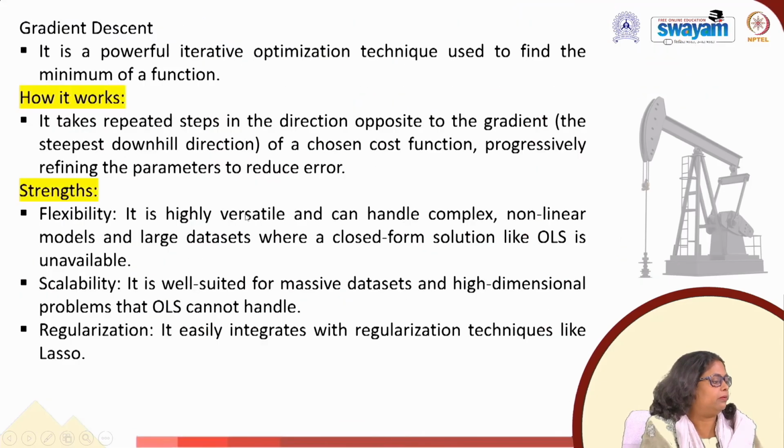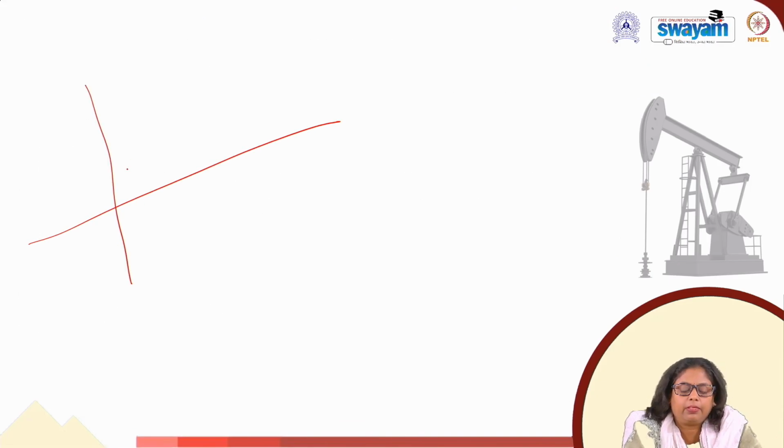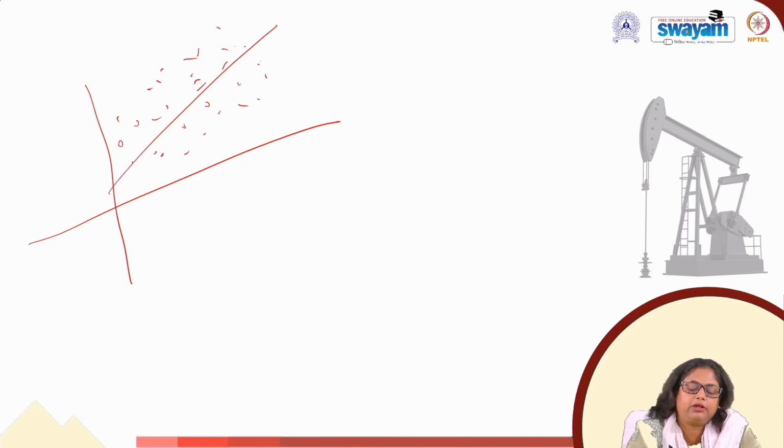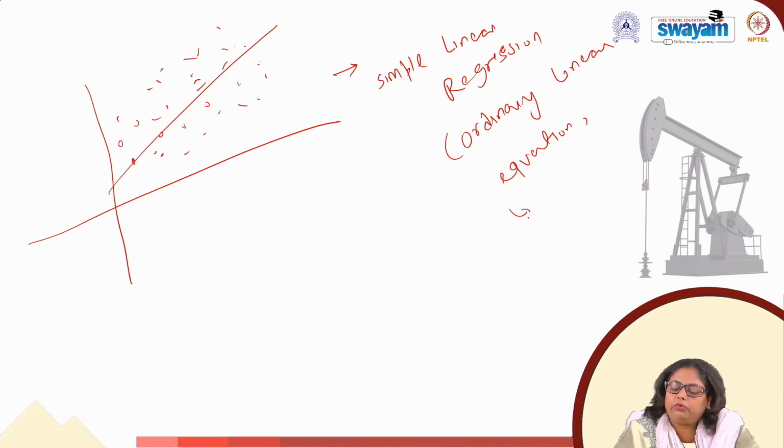Taking one blank paper, this is the line and these are the data points, some of which may fall onto the line. This is nothing but simple linear regression, or ordinary linear equation, where y is equal to mx plus c, and we can call the constant c or b.